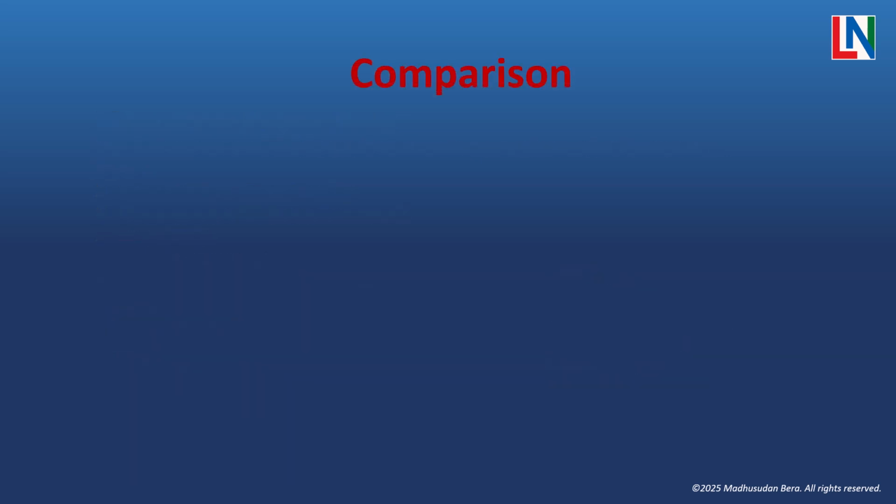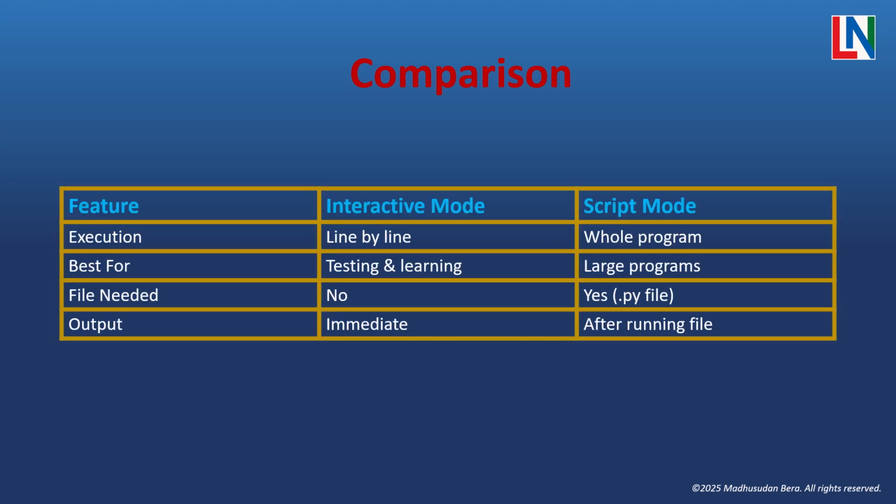Comparison between interactive mode and script mode. In interactive mode, code is executed line by line. In script mode, the whole program is executed. Interactive mode is best for testing and learning, whereas script mode is for large programs.